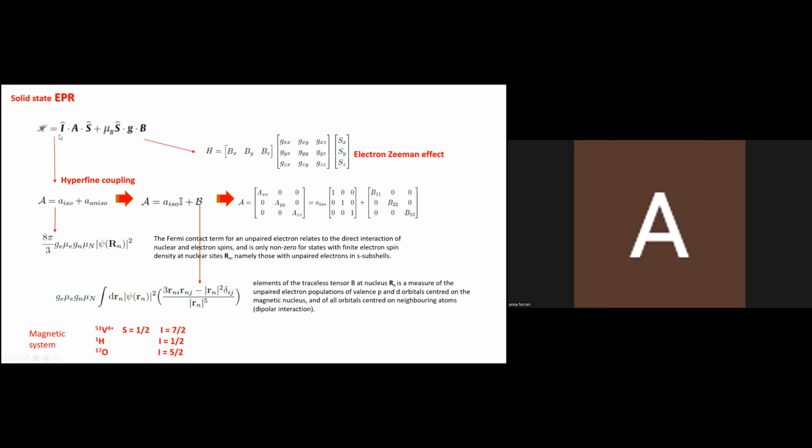This means that the hyperfine coupling between the unpaired electron and all these nuclei is possible through the hyperfine coupling tensor. So the study of this tensor gives us information about the structure of this complex.